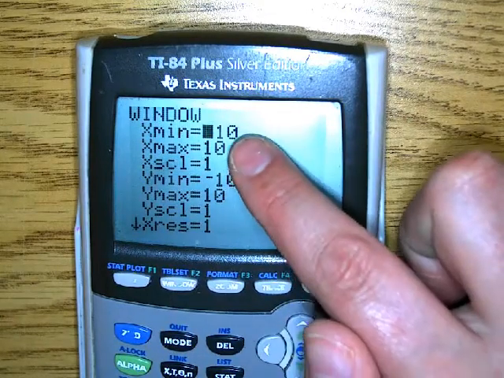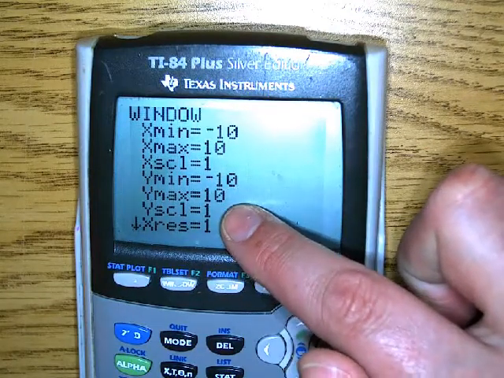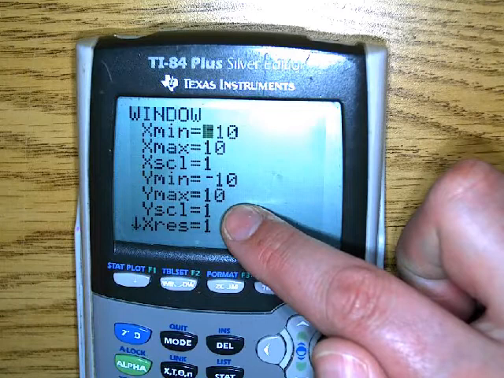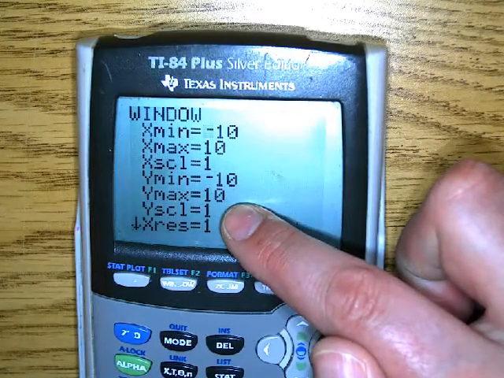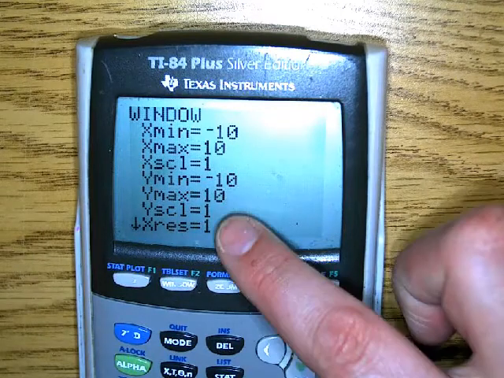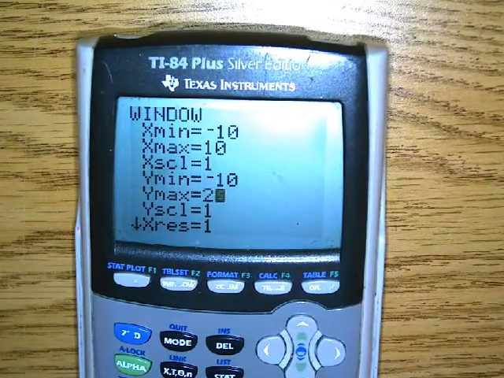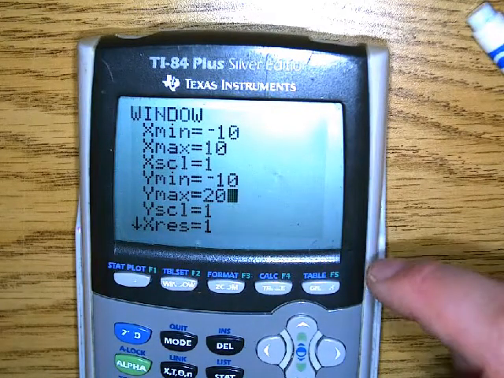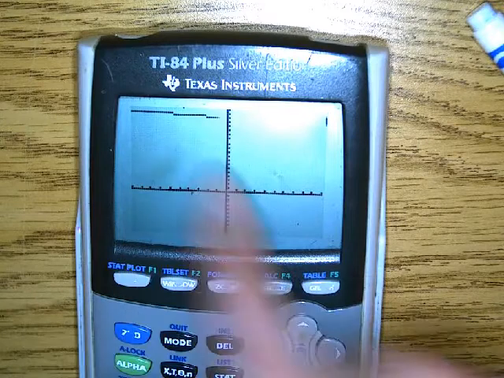And the window goes left 10, right 10, down 10, up 10. And we want to see more of those up values because our graph was shifted up 17. So if I change my y max to like 20 because my graph was shifted up 17, then I'm going to be able to see the graph. See? Now I can see that it was going up.